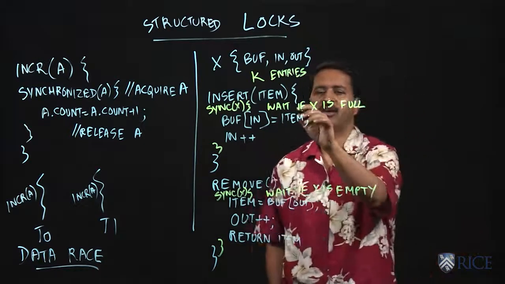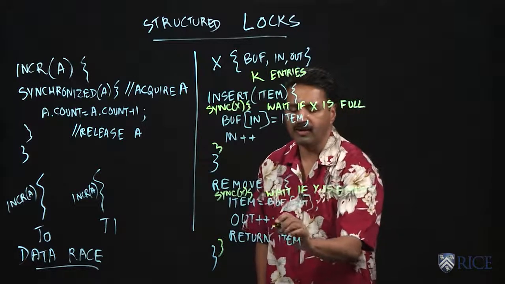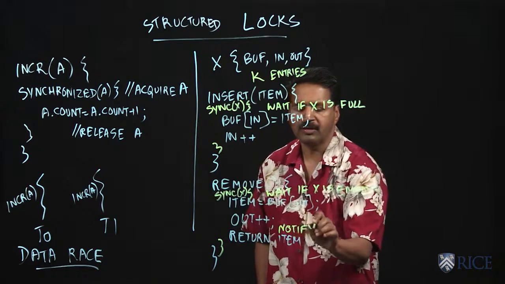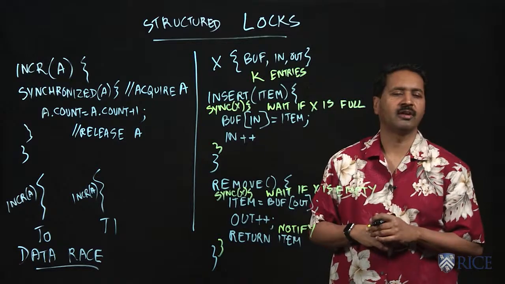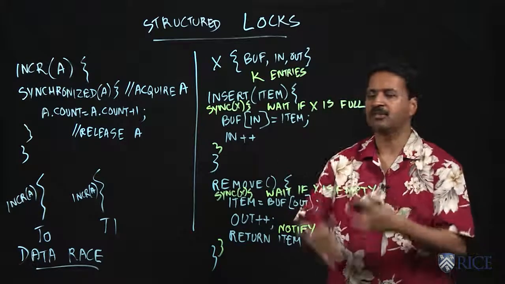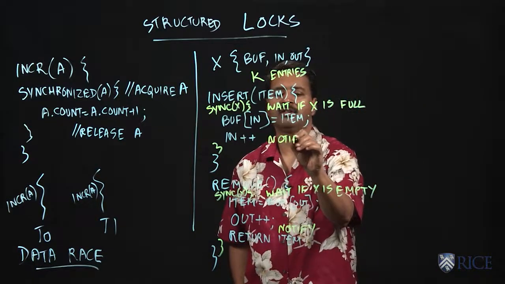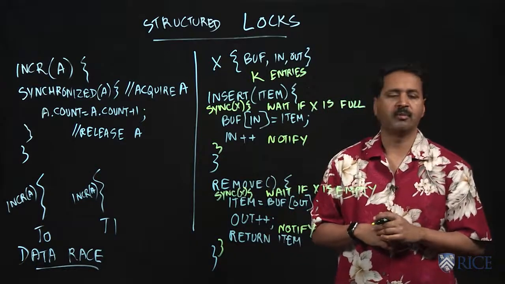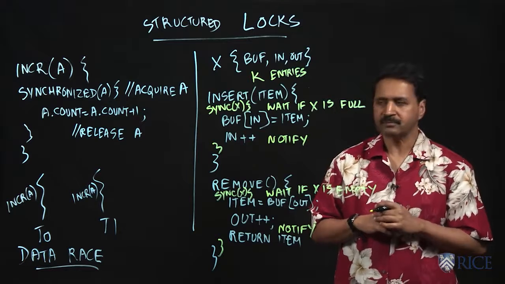So for example, if thread T0 is waiting when the buffer is full and thread T1 did a remove, it can do a notify when the remove is complete, and then thread T0 can go ahead with the insert. And in this example, it's symmetric. So you would need a notify at the end of the insert, so that if another thread T2 was blocked on remove because the buffer was empty, the insert would notify it.